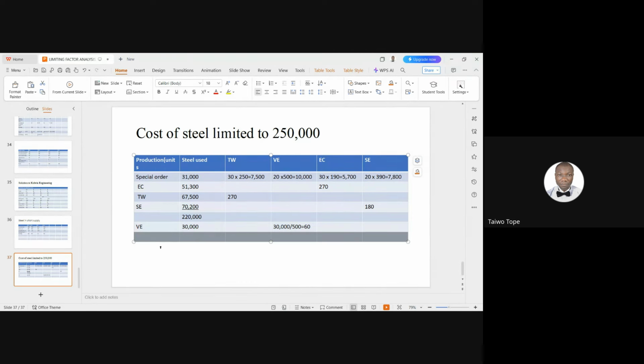Yes, Kimi? Yes, sir. I have a question. When we did the special order production, that's the number of units, where we have 75 for TW, VE 10,000 units and all that.